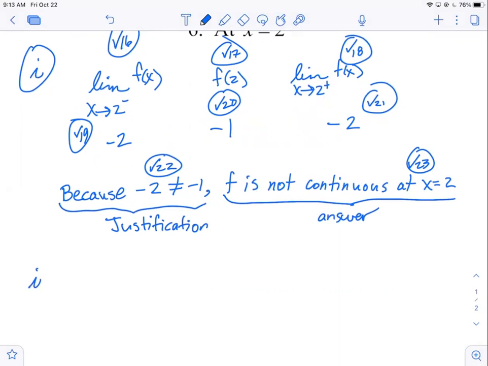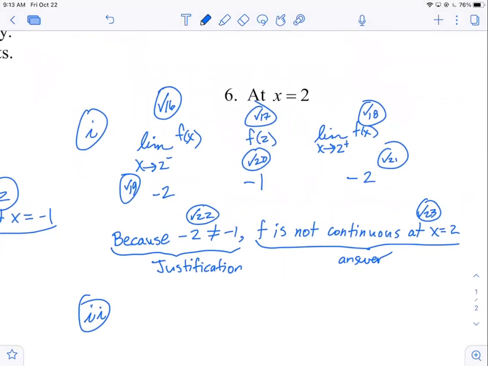Okay, so part II. Brady, what type of discontinuity do we have there, since you didn't get a chance to do it on the quiz? When the two one-sided limits are the same, but the middle is different, either it doesn't exist or it's a different number, we have a hole, right?